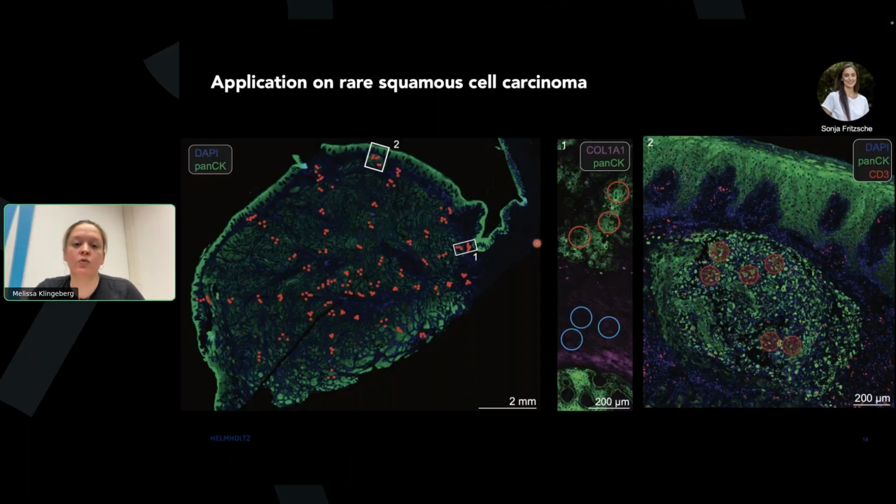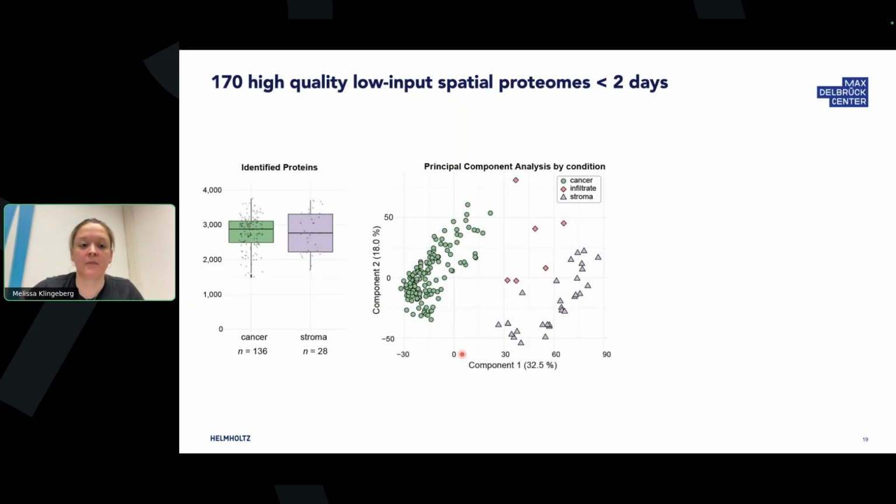And after the collection, we were able to do the sample preparation and also the MS acquisition of all of those ROIs in less than 2 days. We were really happy to see that, of course we had a few outliers, but in the end we received more than 170 high quality proteomes from this very low input tissue material, and we quantified in the cancer, but also in the stroma compartment, close to 3,000 proteins.